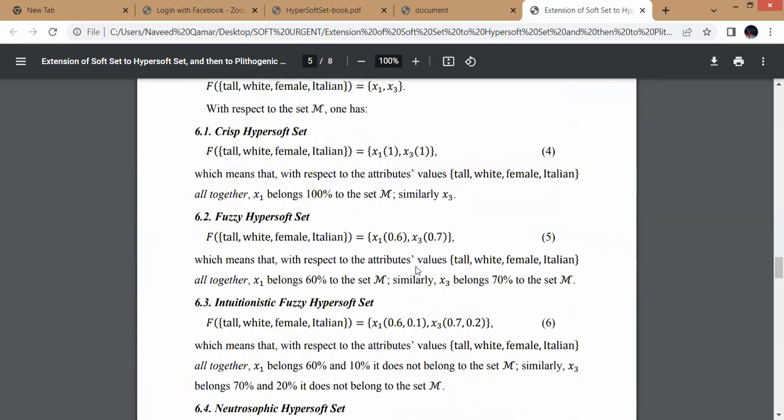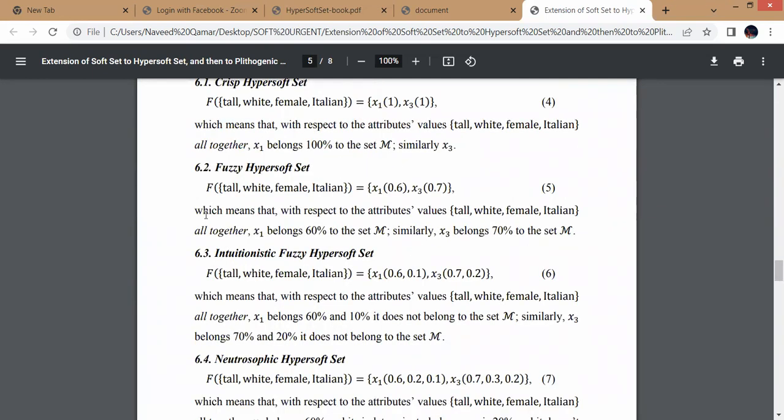So what is a fuzzy hypersoft set? If our selection is F: tall, white, female, Italian, and there are two mobiles like M1 in our previous example and M3. M1 0.6 means M1 has these properties 60% and M3 has these properties 70%. This is the definition of a fuzzy hypersoft set.